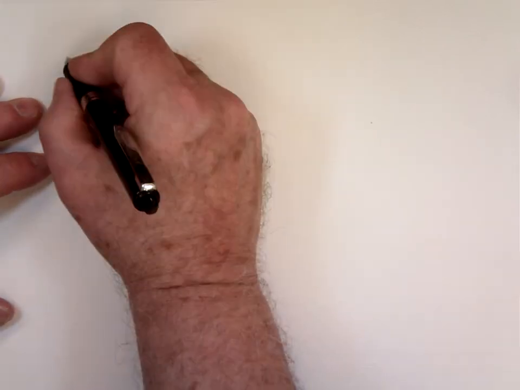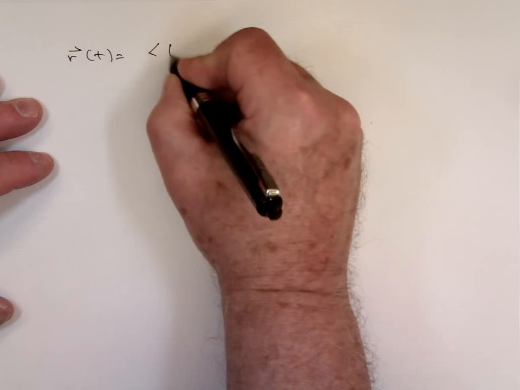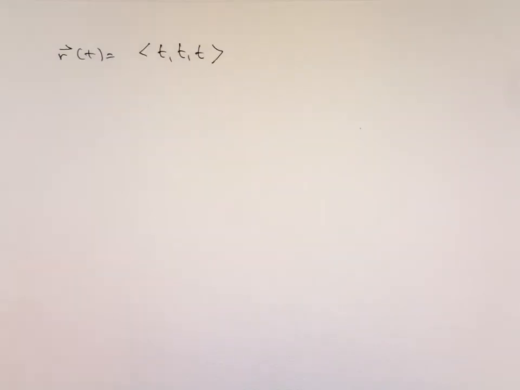Last part is on vector value function of 3 space. Rather lame-o one, but what are you going to do? T, T, T. What do we have here? We have a line in space, starting at 0, 0, 0, and heading up this direction, where the x, y, and z components are all the same.